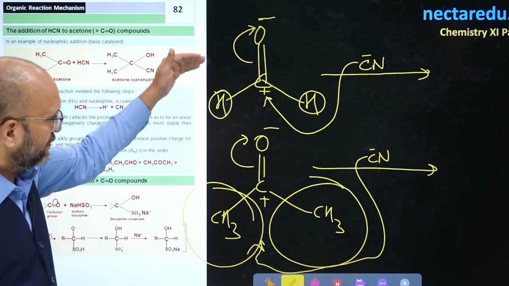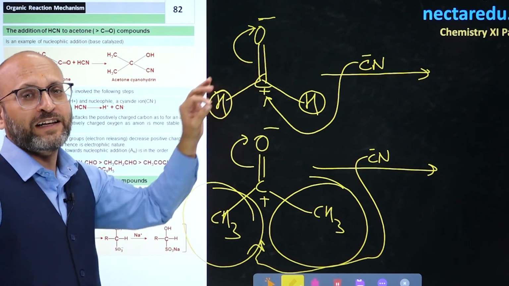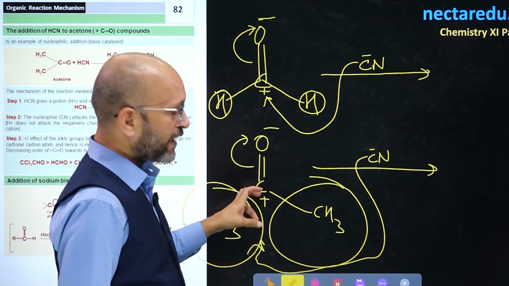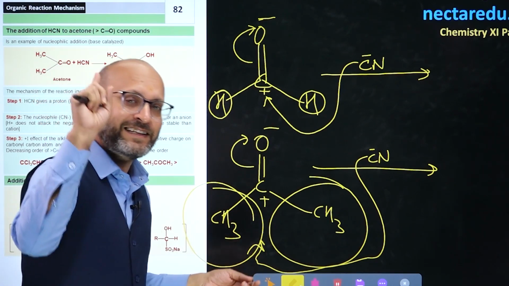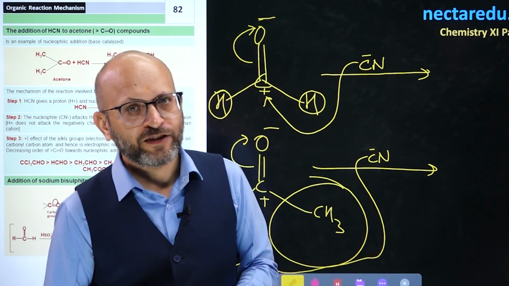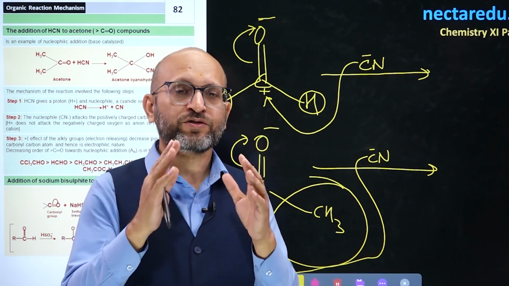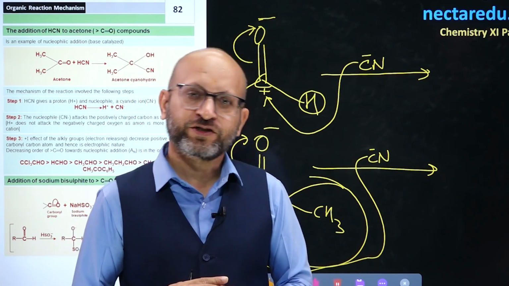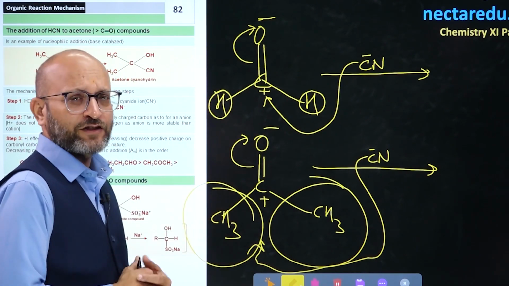So you can easily find out that in aldehydes attack of nucleophile is easy, whereas attack of nucleophile in ketones is difficult. So aldehydes always give better nucleophilic addition as compared to ketones. Alright, and among aldehydes, formaldehyde shows the best nucleophilic addition. This is because of the size of groups.